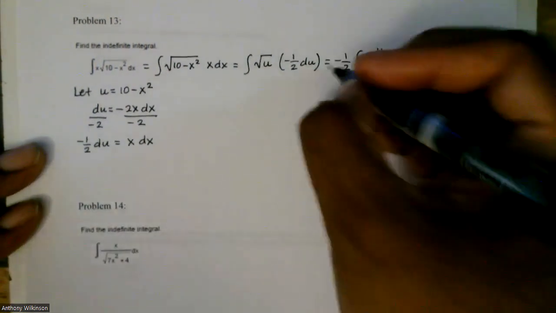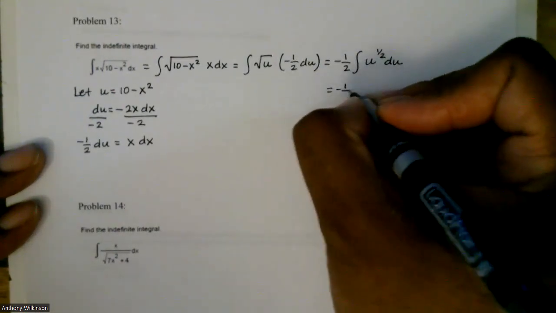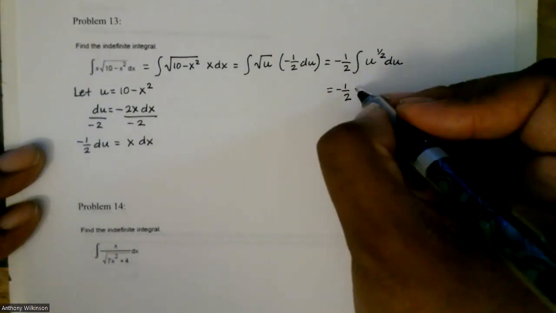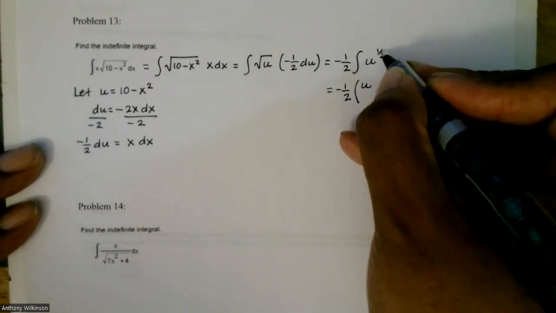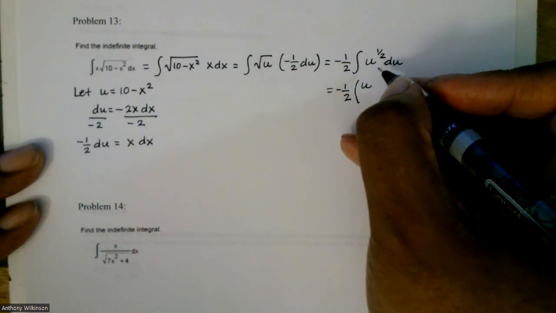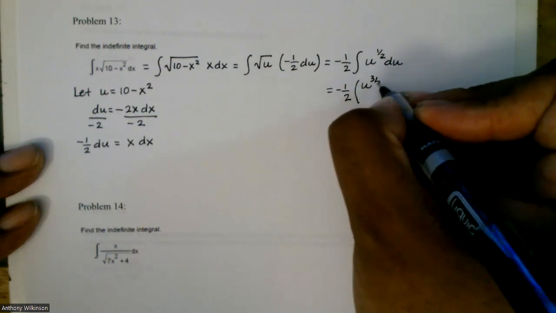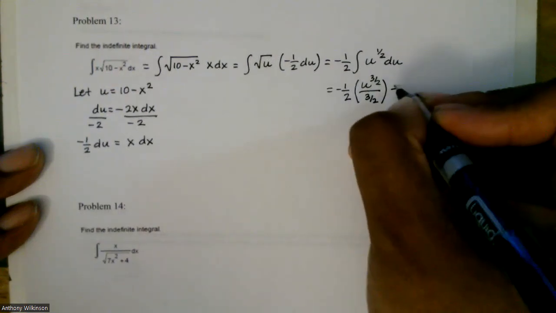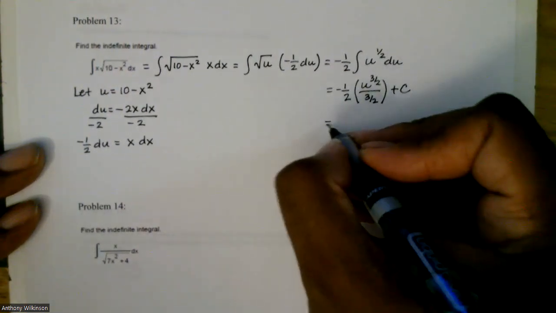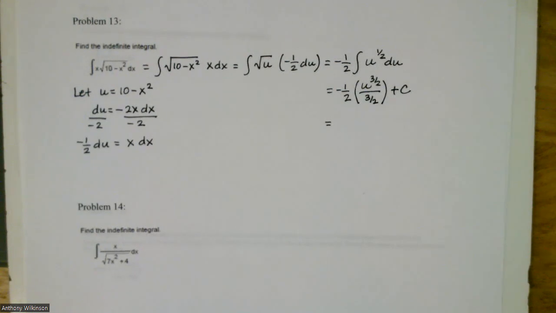Now let's go ahead and do the integration here. Bring down the negative 1/2. For the u to the 1/2, I'm going to increase the power by 1. So it'll be u to the 1/2 plus 1, which would be u to the 3/2, divided by that exponent of 3/2, plus c. Now the reciprocal of 3/2 is going to be 2/3.